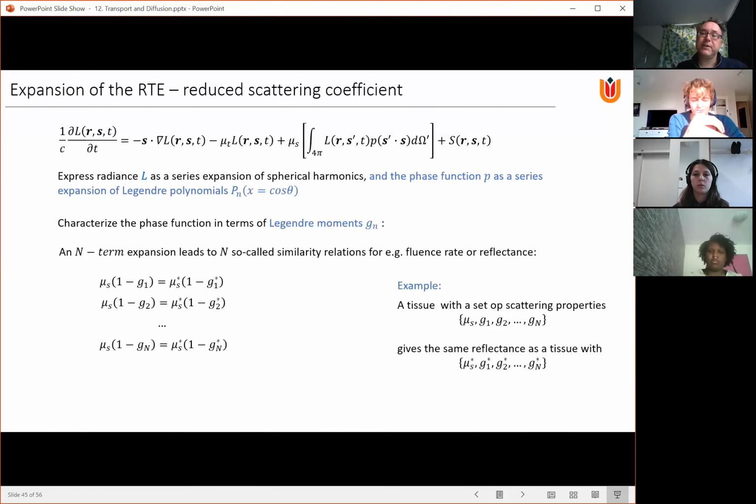So it is not the individual values of the scattering coefficient and g1 that matter. As long as the product of μs and 1 minus g1 is the same for both of these sets of parameters, you will get the same reflectance. And if you have an n-term expansion, then you get n of these similarity equations.